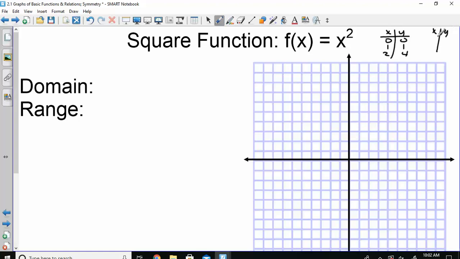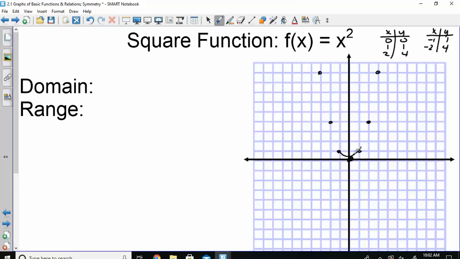Okay, if I put in some negatives, negative 1, negative 2. Alright, so let's plot these. 0, 0, 1, 1, 2, 4. If I put in 3, 3 squared would be 9. Negative 1, 1, negative 2, 4, negative 3, 9.